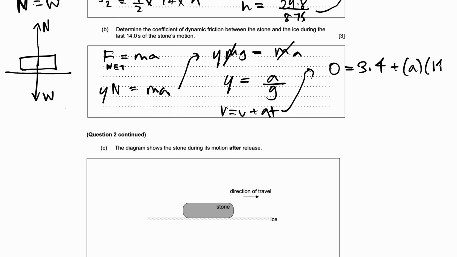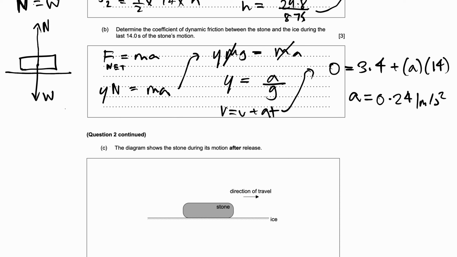That's given in the question, 14 for t. Now if I solve this, a is equal to, we can just take the magnitude, so it would be 3.4 divided by 14. Of course we know it's decelerating, but we can take its magnitude, so that's 0.241 meter per second squared.